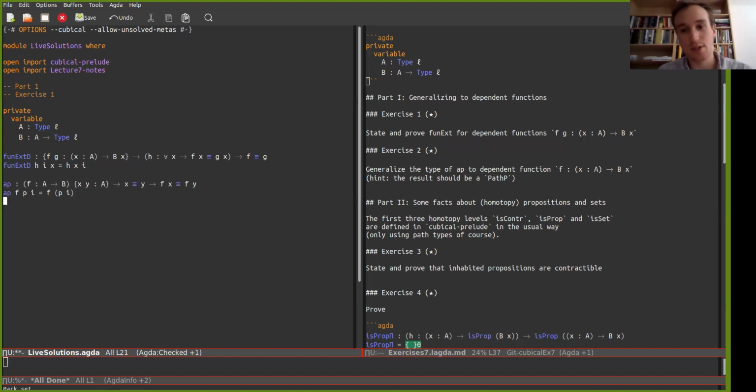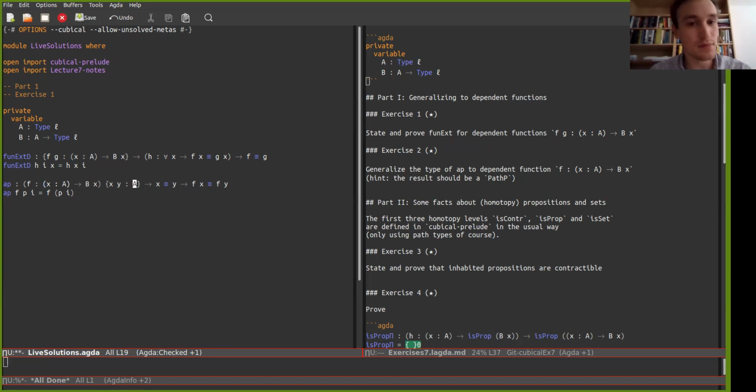Okay. So, yeah. Oh, someone copied it in the chat. Thanks. Sorry, I didn't see it in time. Okay. So first of all, we want this to be a dependent function. So this is going to be x colon A to B of x.